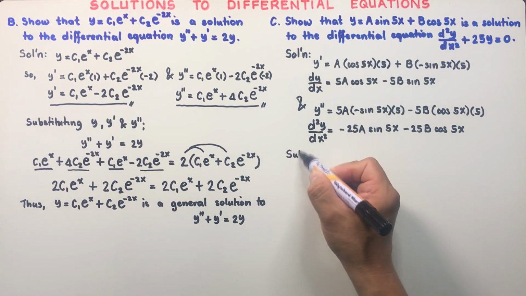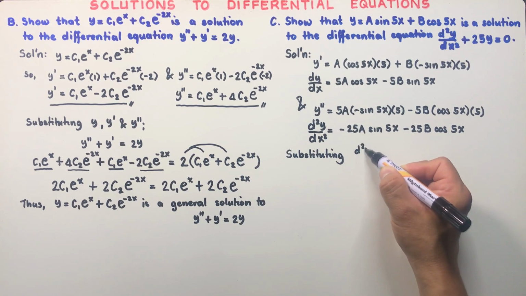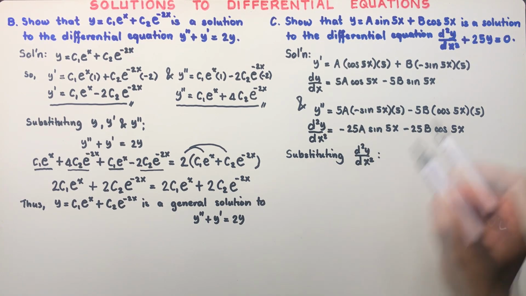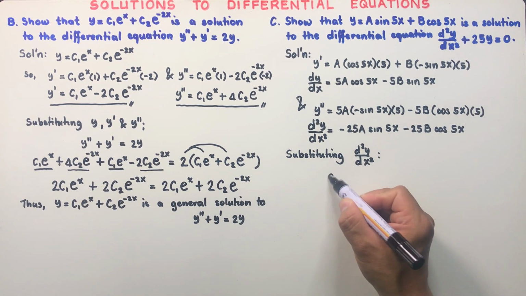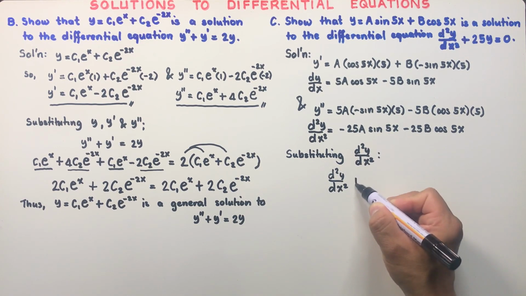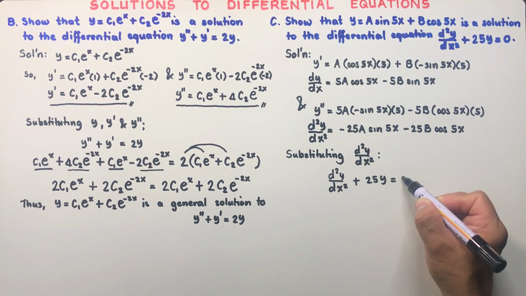So substituting the second derivative of y with respect to x, we have the differential equation, which is the second derivative of y with respect to x plus 25y, which is equal to 0.